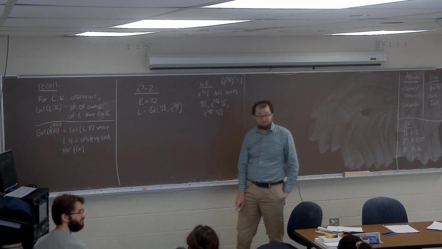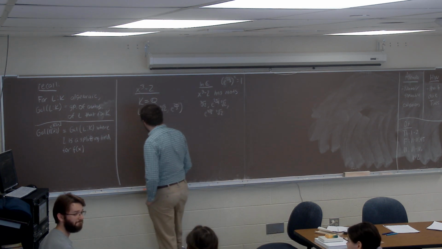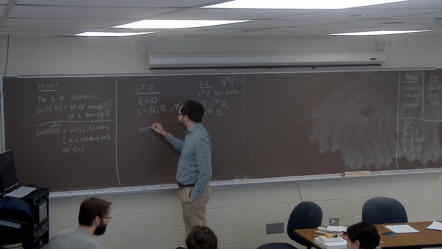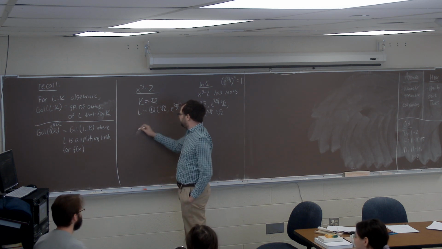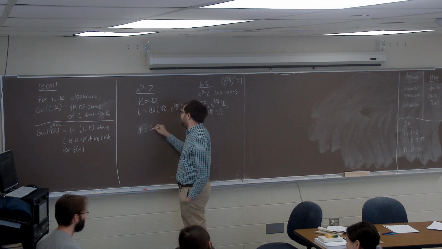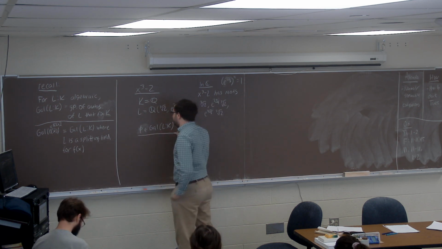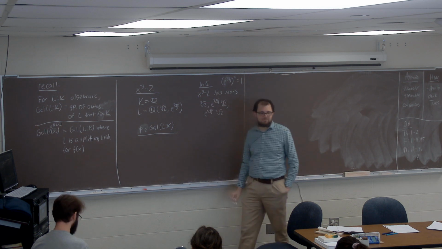It is true. So let's look for automorphisms. In other words, let's look for elements phi that lie in our Galois group of L over K here. So not just automorphisms then.